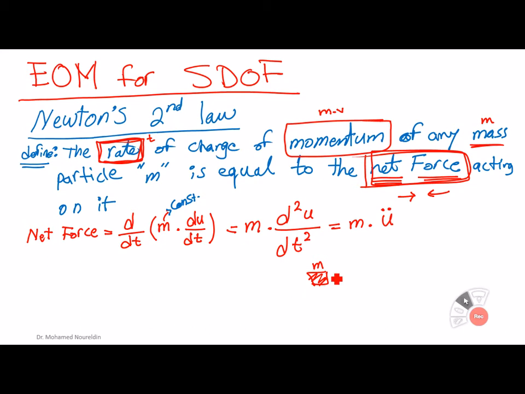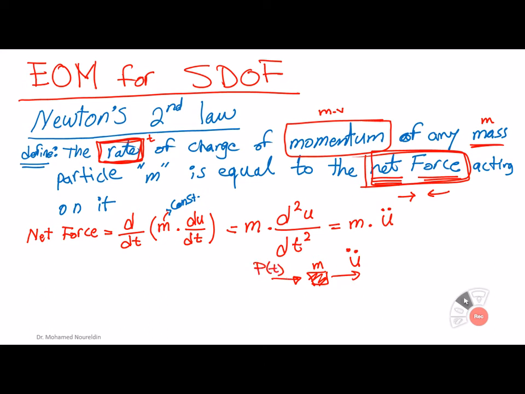So this mass, whenever it moves with acceleration, we are going to find that if we apply some force on it, let's assume that this force is changing with time.